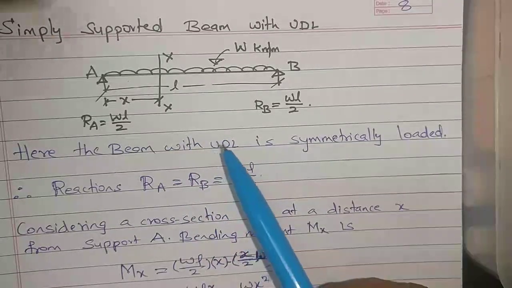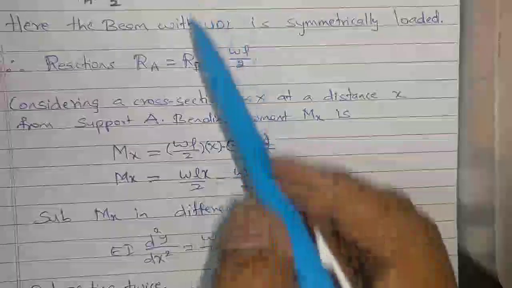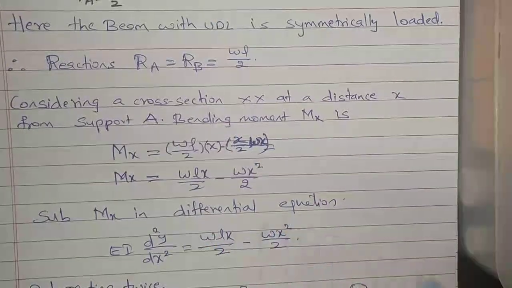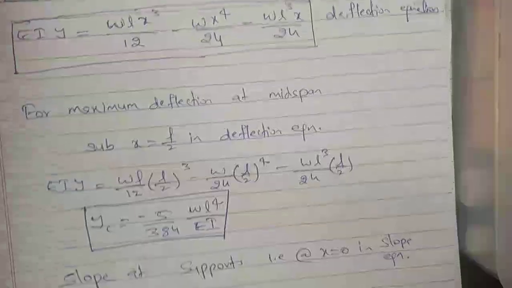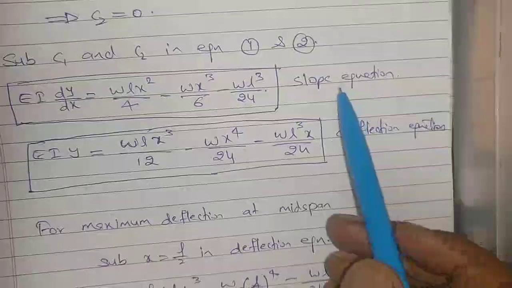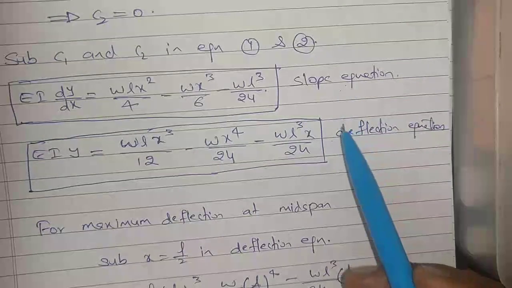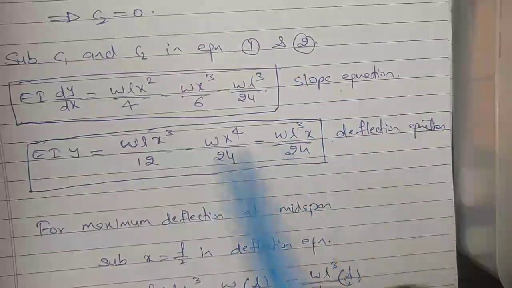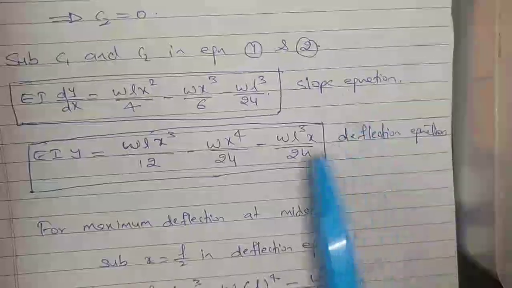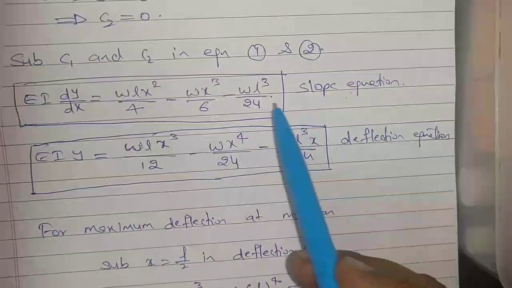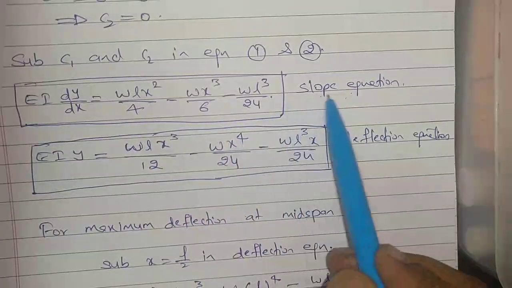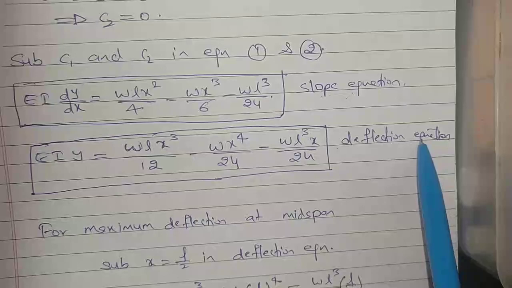What you have to do, same procedure is there. The double integration method. You will be getting the slope equation and deflection equation. These notes are given to you already, that's why I am explaining here. So we got the slope equation and deflection equation the same way.